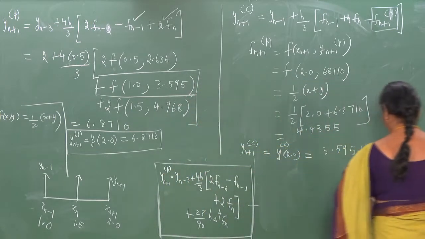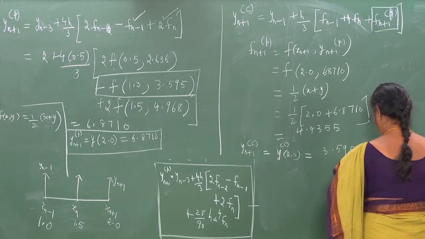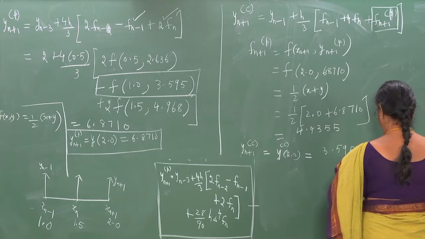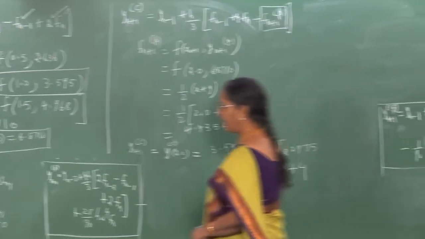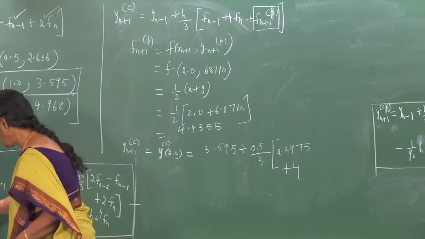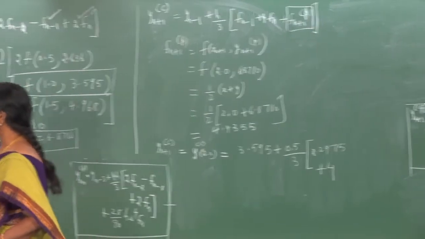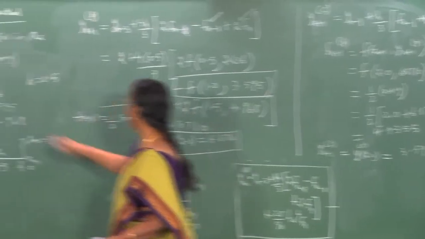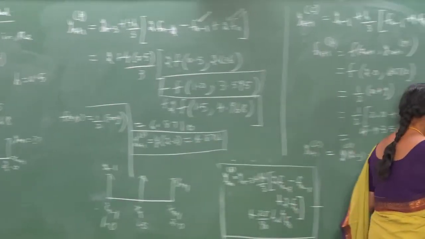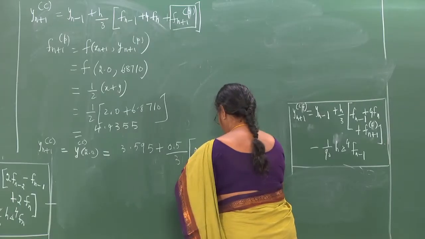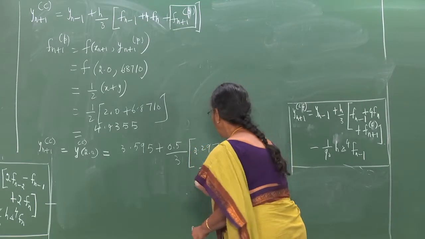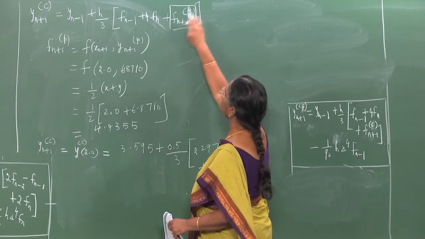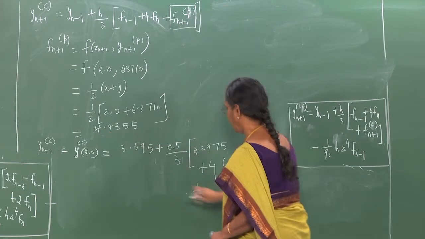So, that turns out to be 2.2975, and then 4 times fn, namely f at 1.5 comma 4.968, which turns out to be 3.234, and finally fn plus 1 predicted that you already have computed.